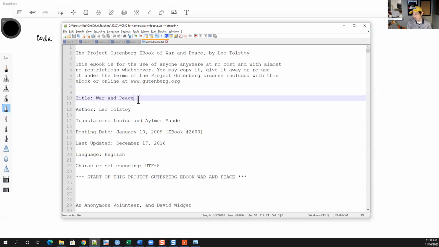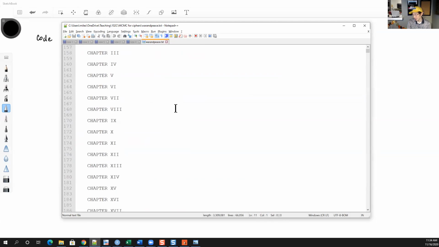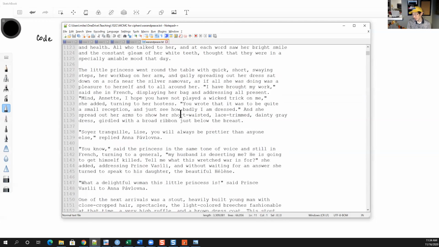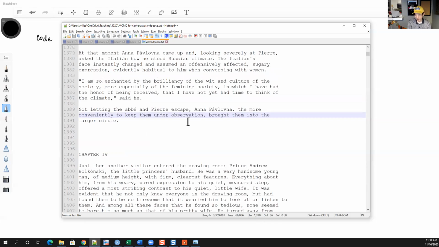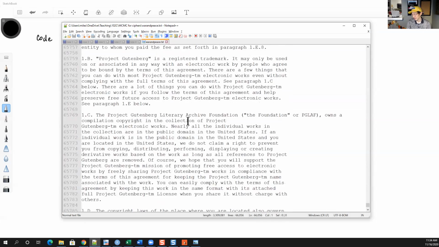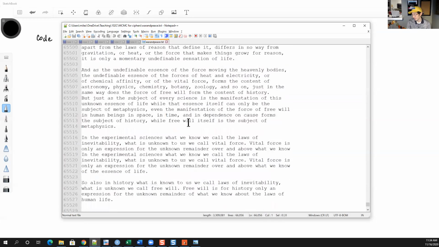Leo Tolstoy, a Russian author, wrote some very long novels that delve into ideas of philosophy.